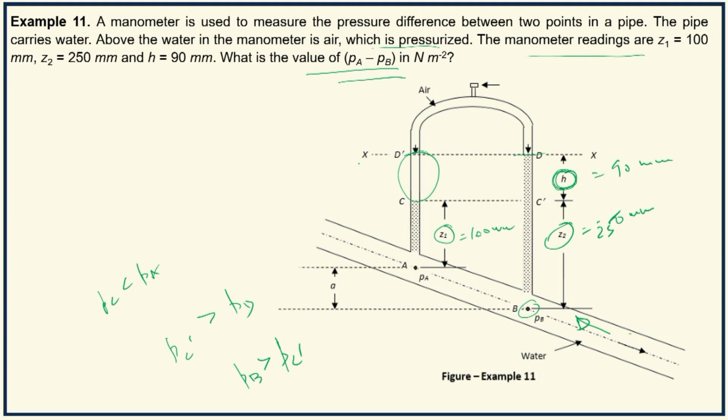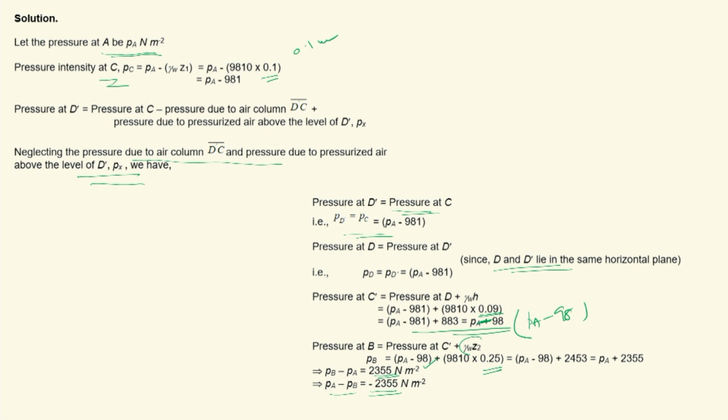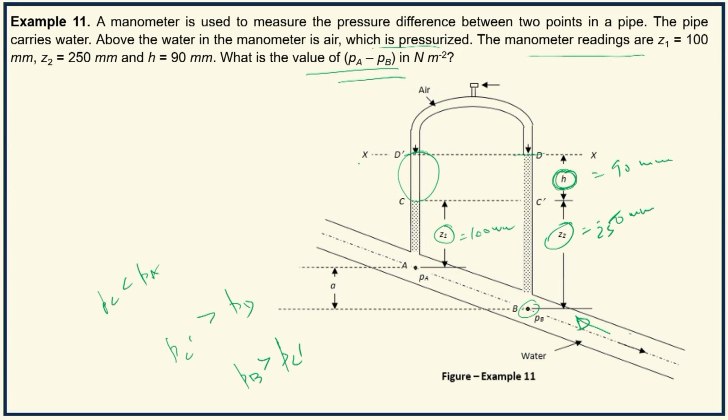We assumed that the flow was from A to B and we started from A and developed the manometric equation. And when we worked out PA minus PB, we got minus 2355 Newton per meter square. That means the pressure at A is less than the pressure at B. So the flow direction is not from A to B, it is from B to A, that is in the upward direction. This is the flow direction.